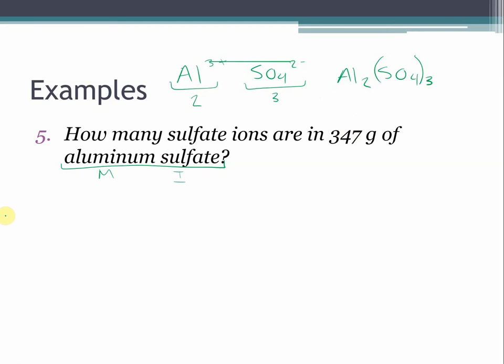Start with what you know, 347 grams of aluminum sulfate, times a fraction. What goes up must come down. From grams, the only place you can get is moles. So we'll put moles of aluminum sulfate on top.